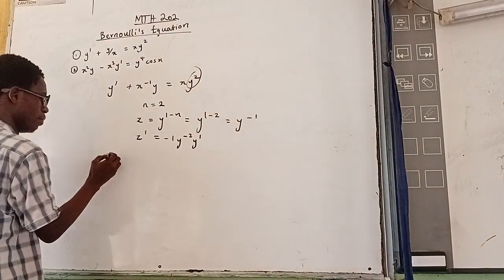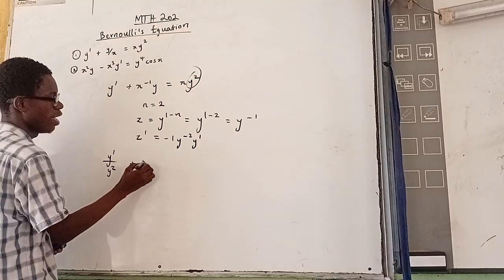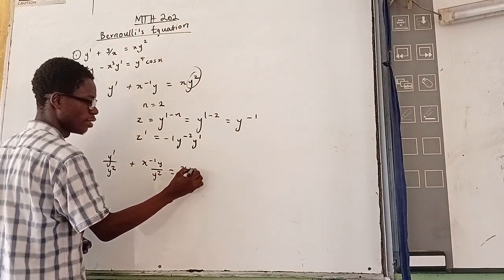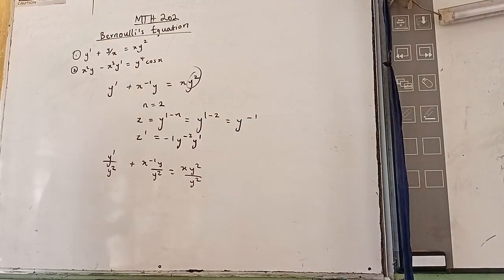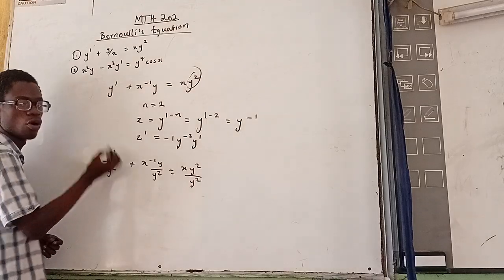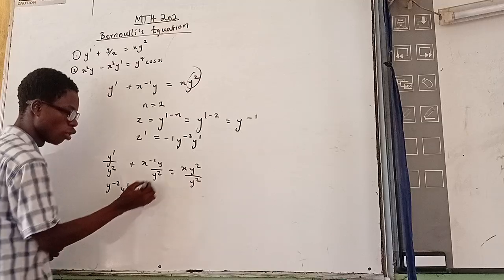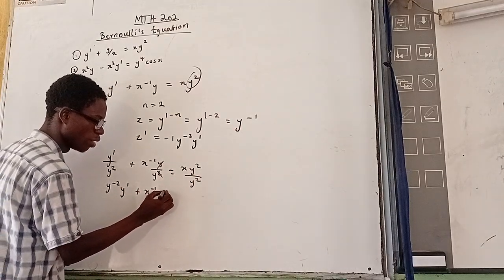We have y prime divided by y squared plus (x minus 1) y divided by y squared equals x y squared divided by y squared. We are dividing through by y squared. So this one can come up and become y raised to power minus 2, y prime, plus, the 1 will cancel one y here, (x minus 1) y raised to power minus 1, right?